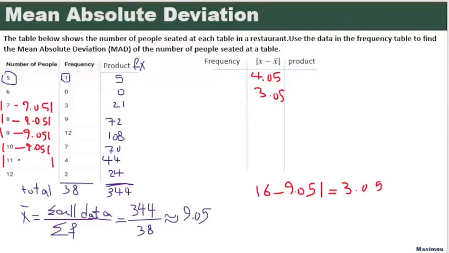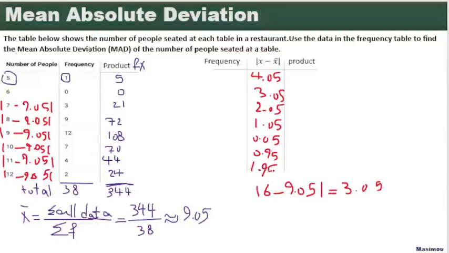So the absolute value of 11 minus 9.05, 12 minus 9.05, and I will write all the answers in this column, the absolute deviation, which gives me 2.05, 1.05, and 0.05, and 0.95, and then 1.95.